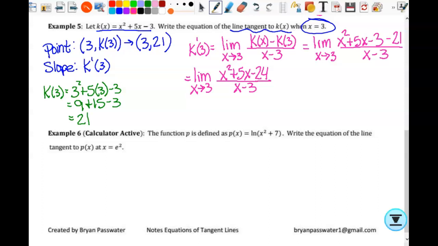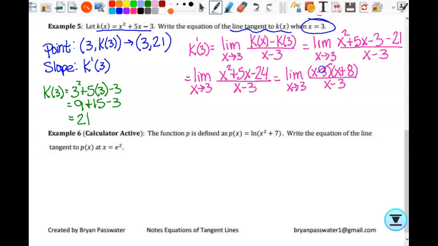Factor. What are you pretty confident one of the factors of the numerator is going to be? X minus 3. Good. So that kind of helps you with the factoring process, right? Not that it should be crazy hard, but I'm pretty sure one of them is x minus 3. So then this would be x plus what? 8. Good. All over x minus 3.